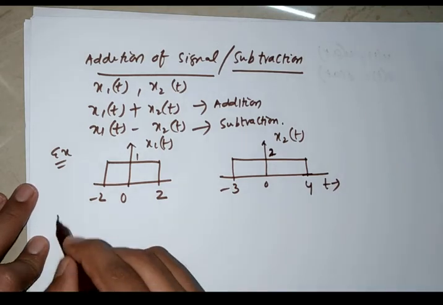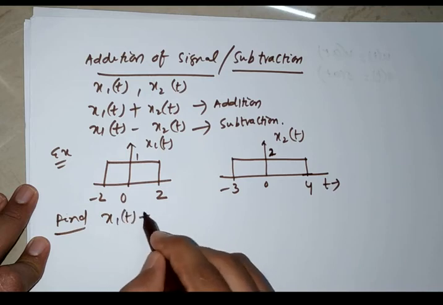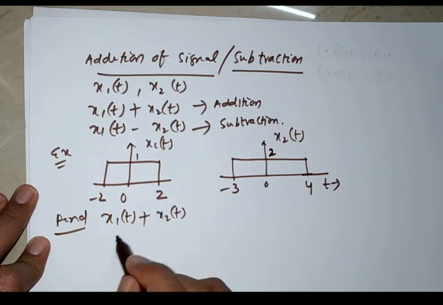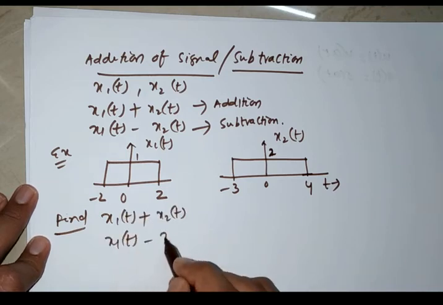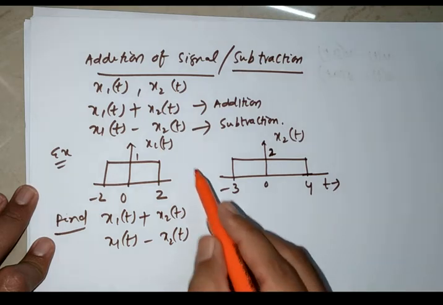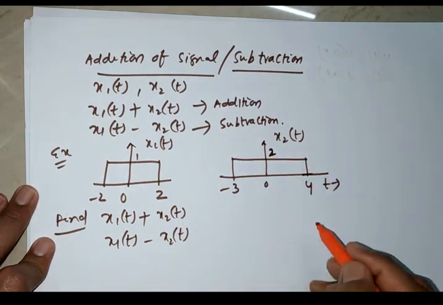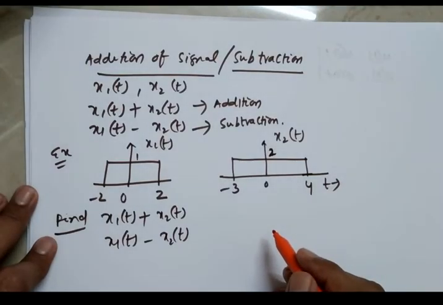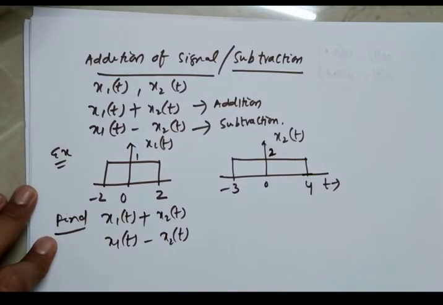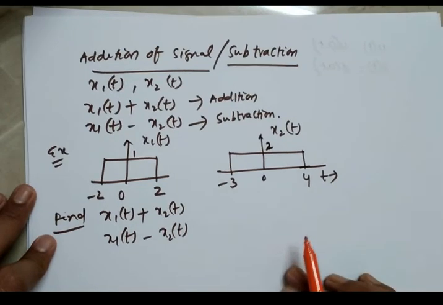Then find x1(t) plus x2(t) and x1(t) minus x2(t). Simple problem. See, x1(t) is given and x2(t) is given. Clear? Now how to find x1(t) plus x2(t)?